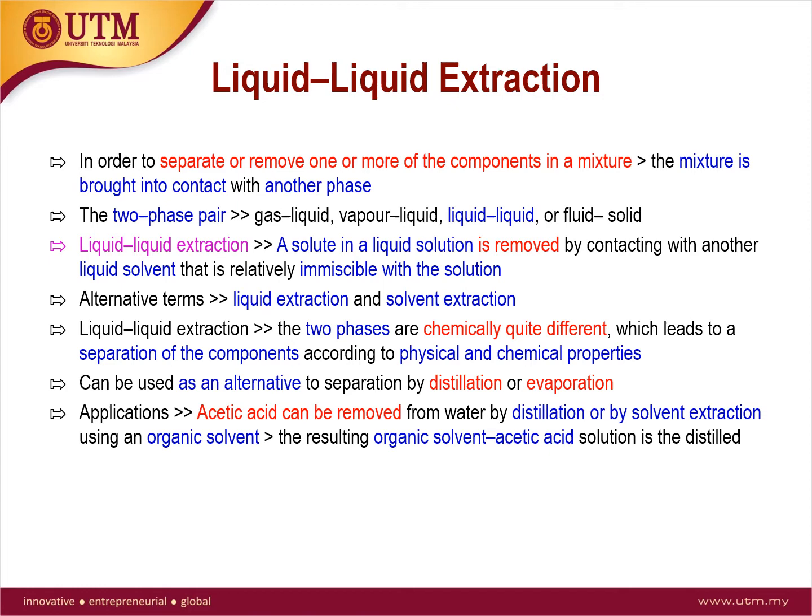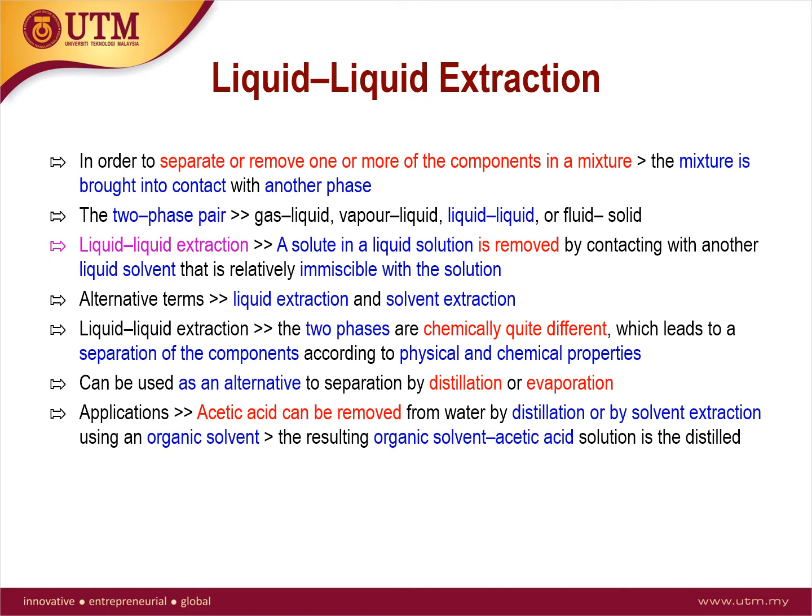For example, acetic acid can be removed from water by distillation or by solvent extraction using an organic solvent. The resulting organic solvent and acetic acid solution is the distillate.